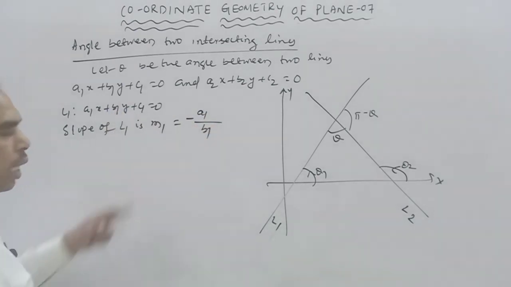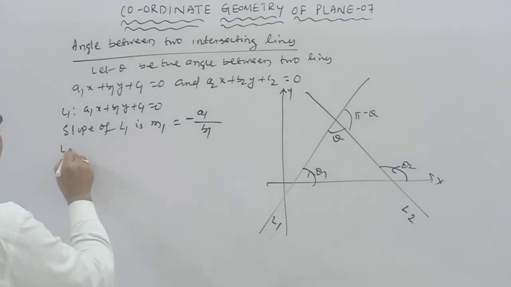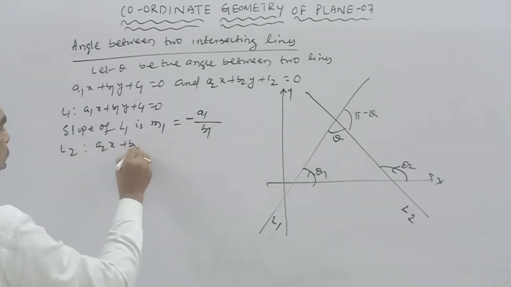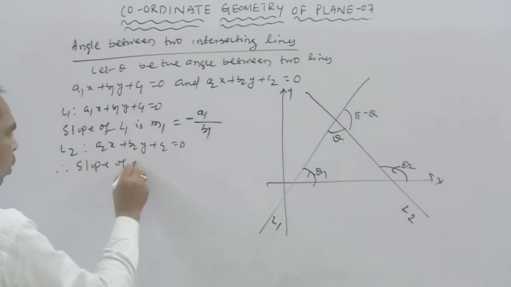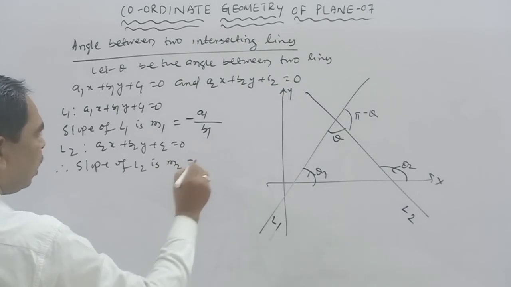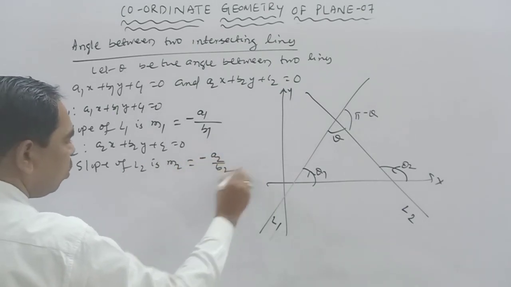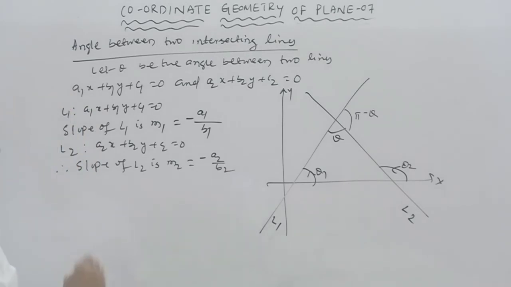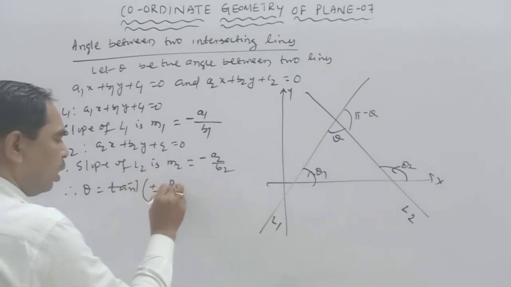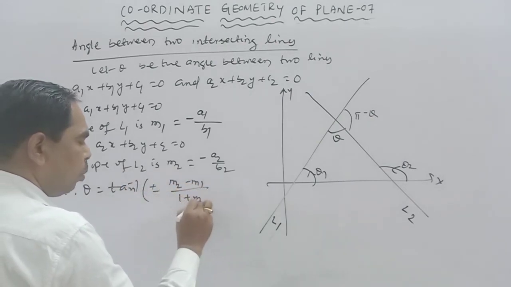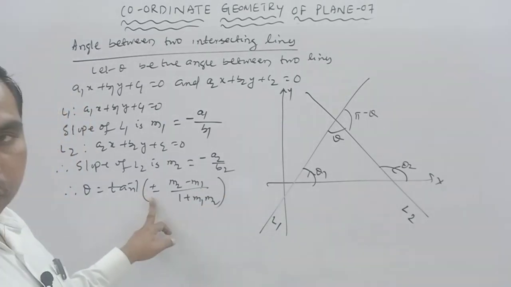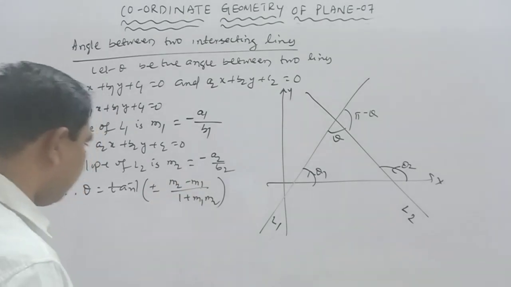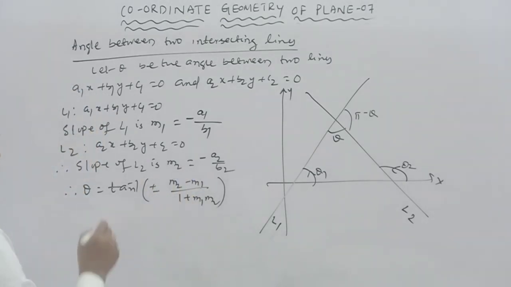And L2 means a2x plus b2y plus c2 is equal to 0. Therefore slope of L2 is m2 is equal to minus a2 by b2. Therefore theta is equal to tan inverse plus or minus m2 minus m1 by 1 plus m1 m2. This is the formula. Put the values of m1 and m2.